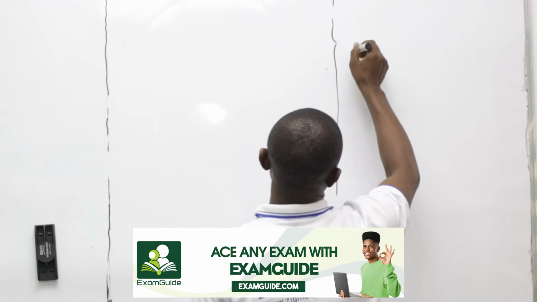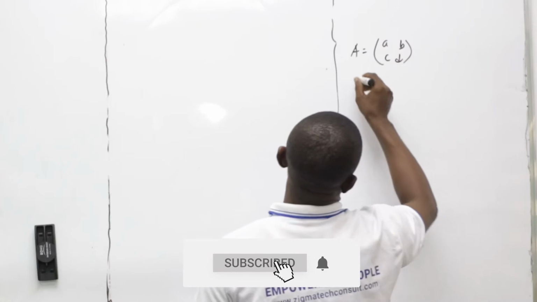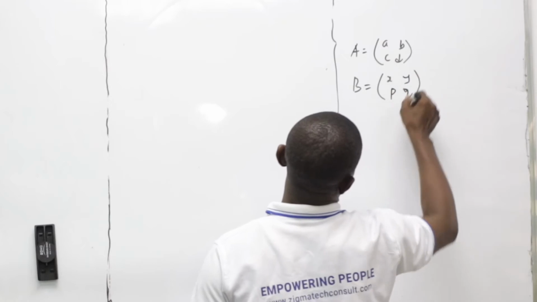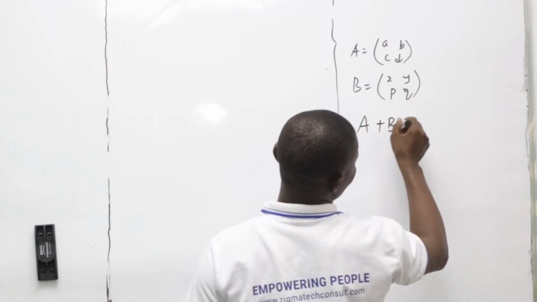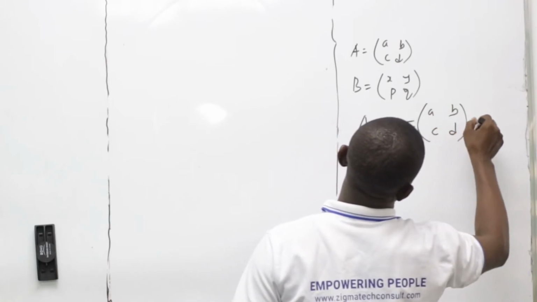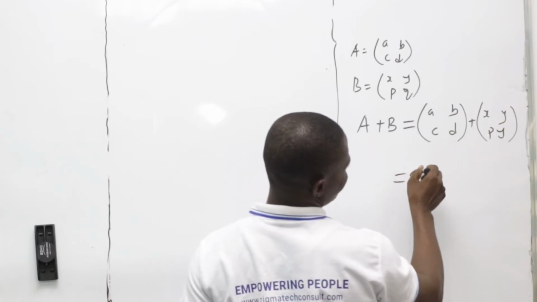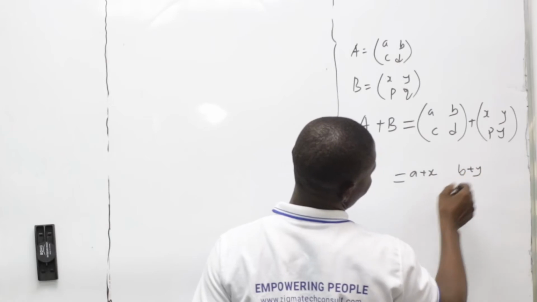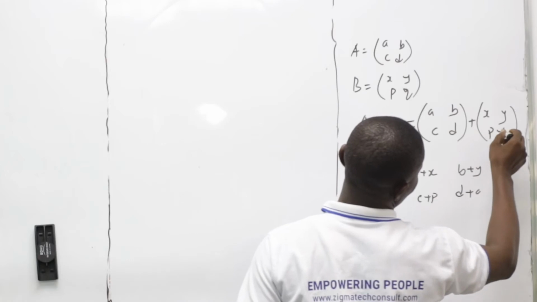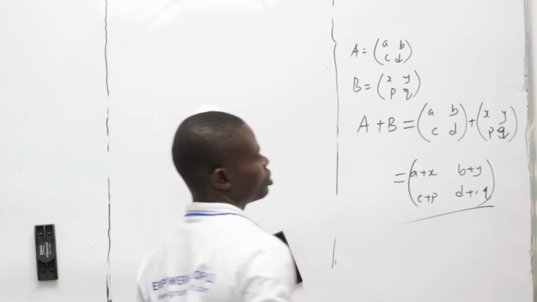If you have matrix A being equal to [a b; c d], and matrix B being equal to [x y; p q], we know that A plus B equals [a b; c d] plus [x y; p q], which will give us what? a plus x, b plus y, c plus p, d plus q. So that is the solution.